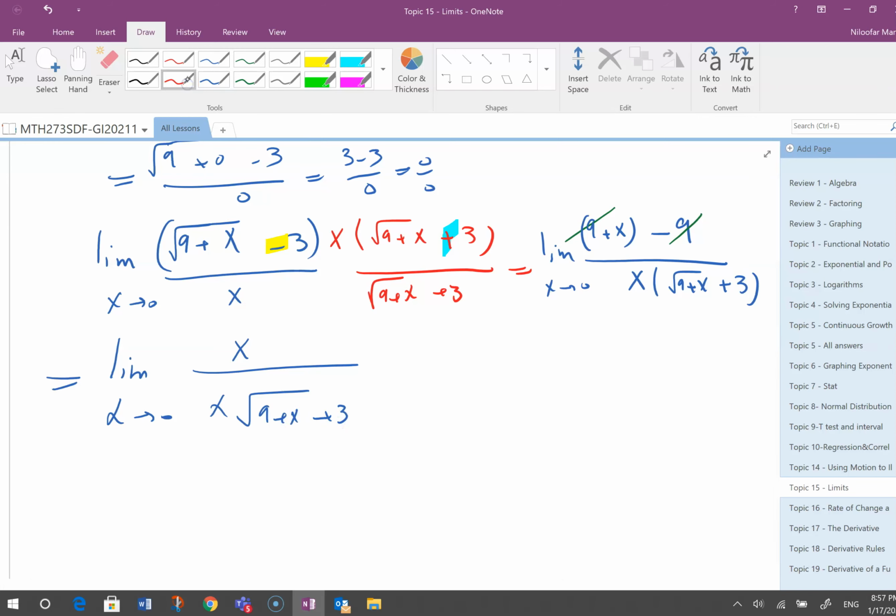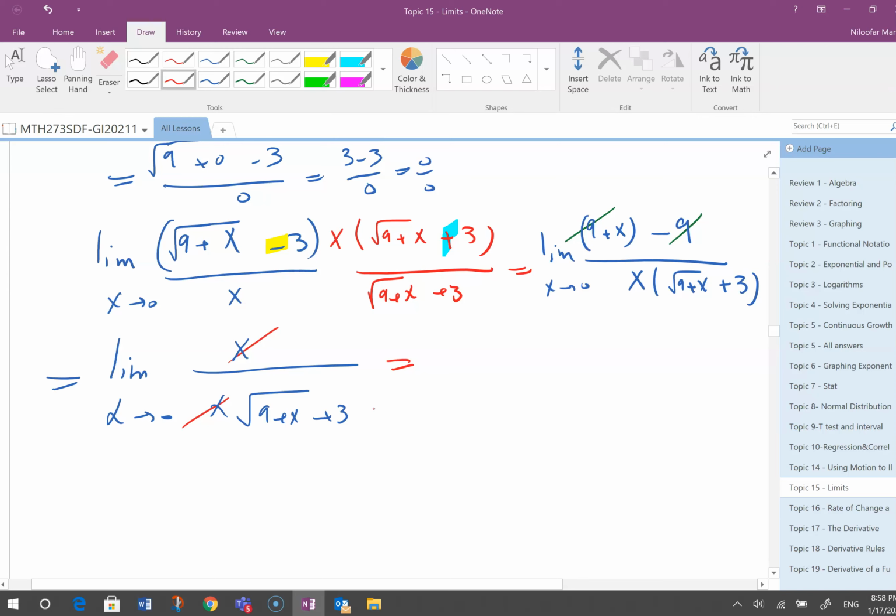I can cancel x and x, and that's good news because x goes to 0. I can cancel because x is approaching 0, it is not 0, so mathematically I'm not doing anything wrong.